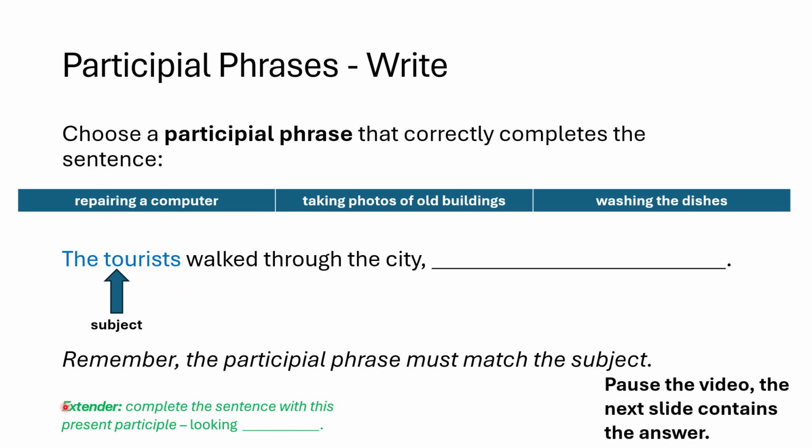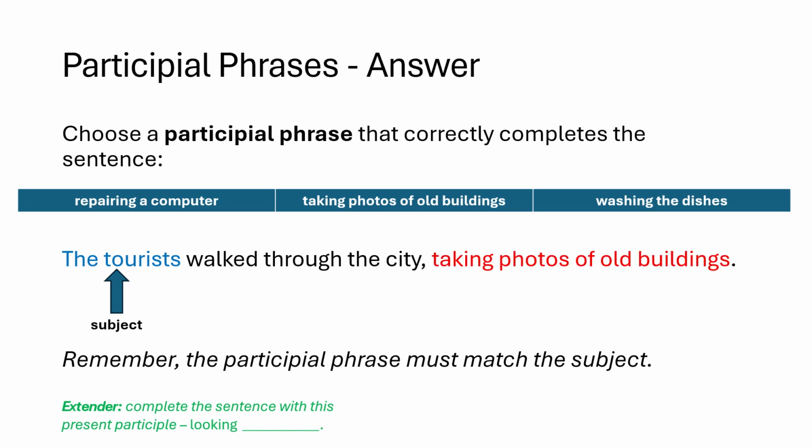Here is the extender. Complete the sentence with this present participle. Looking. Pause the video. The next slide contains the answer. Check your answer. The tourists walked through the city, taking photos of old buildings.